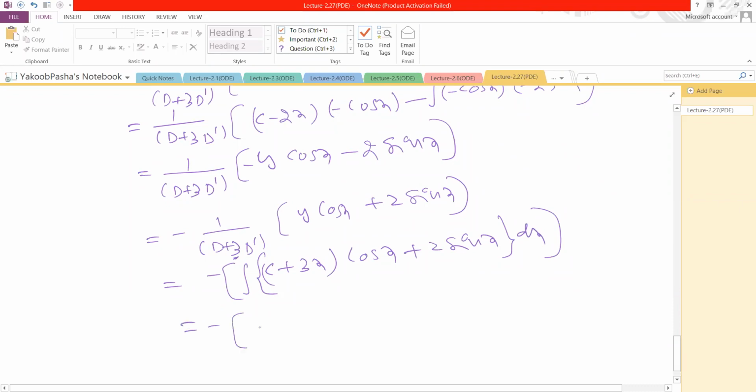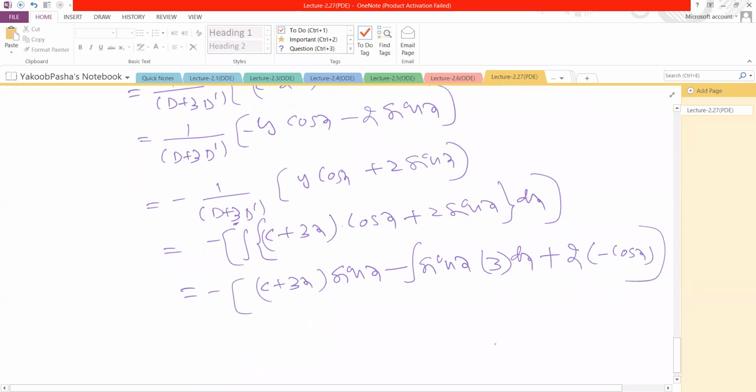So this is equal to minus of, again the uv method here, c plus 3x is u, and v means integration of cos x, that is sin x, minus integral v, means integration of cos x is sin x, and u dash means differentiation of c plus 3x is 3 into dx, plus 2 into we are integrating this sin x, integration is minus cos x. Okay, I am closing the bracket.